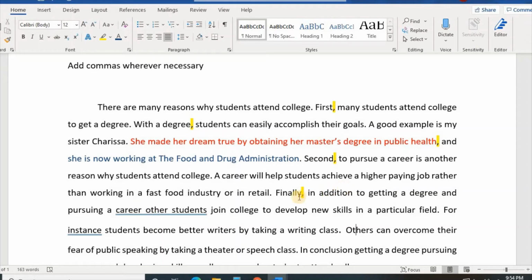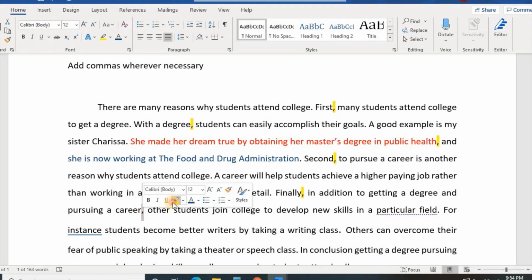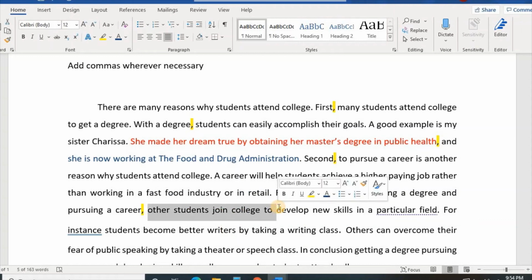So here we have an introductory phrase which goes until career, so we need a comma after career, and we start our main clause. So this is an introductory phrase, and this is our main clause: other students join college to develop new skills in a particular field. So in this sentence we need two commas.